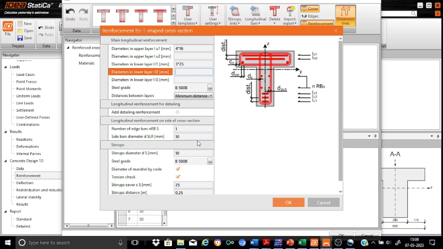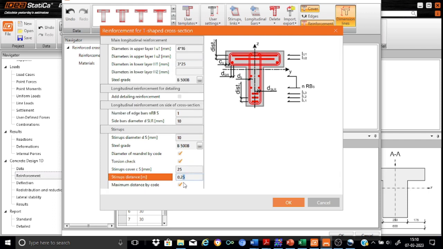Then coming to the edge bars, I would like to provide one edge bar, I mean the bars provided along the web, and the diameter will be fixed at 10. Coming to the struts, we'll use 10 mm diameter struts, and we shall use a strut spacing of 0.15. So I will select it as 0.15.